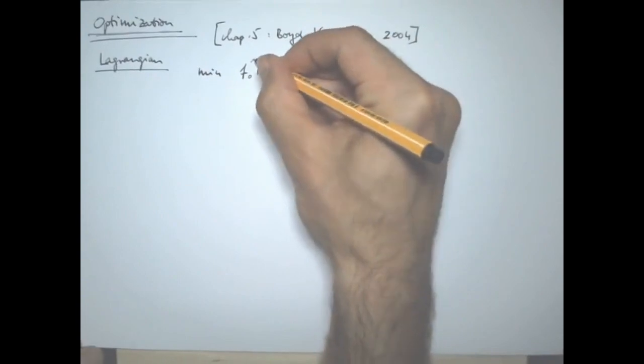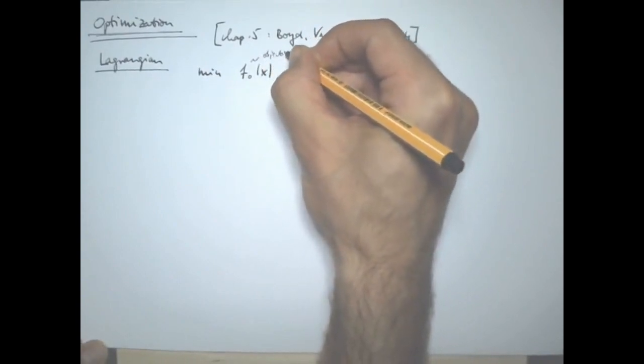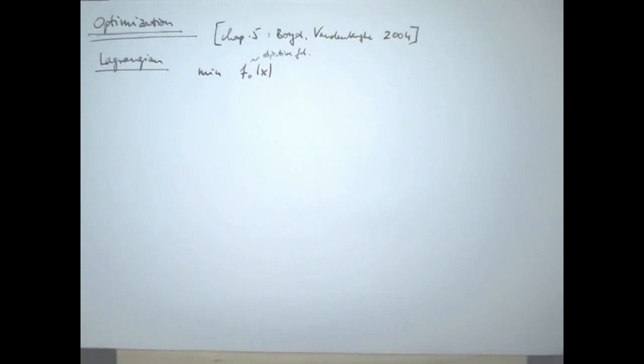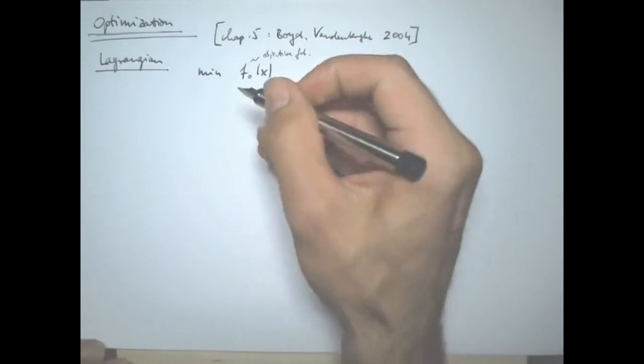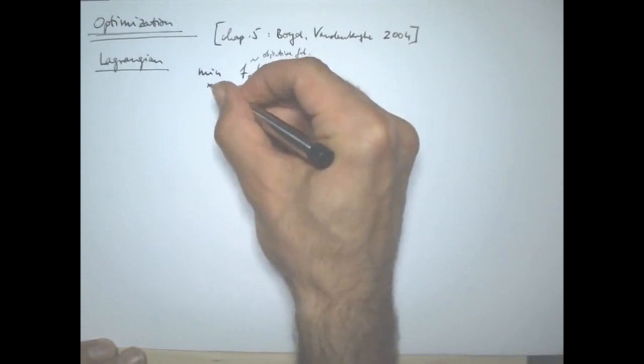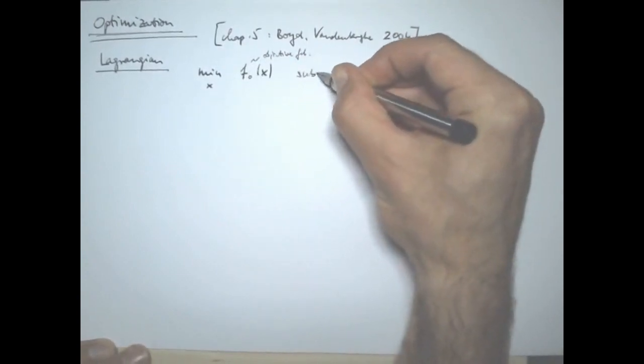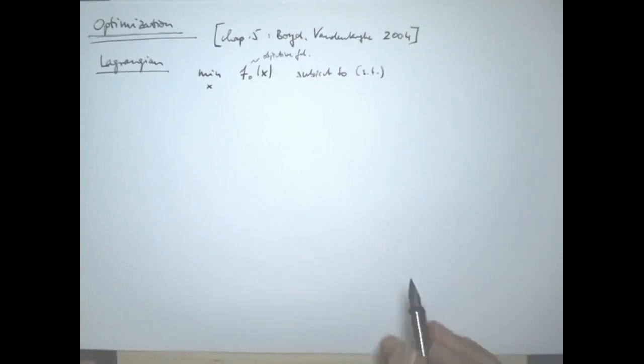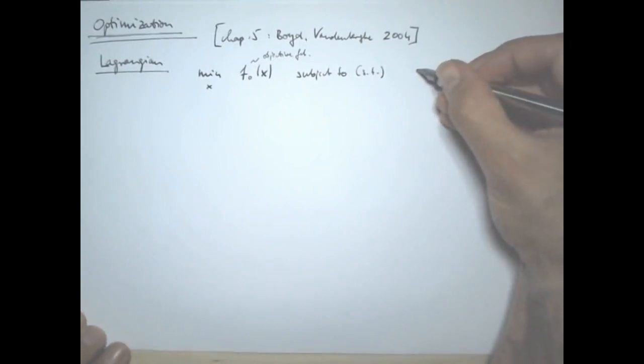So this is our objective function, subject to a couple of constraints, which I will abbreviate by ST in the following. Subject to the following constraints.